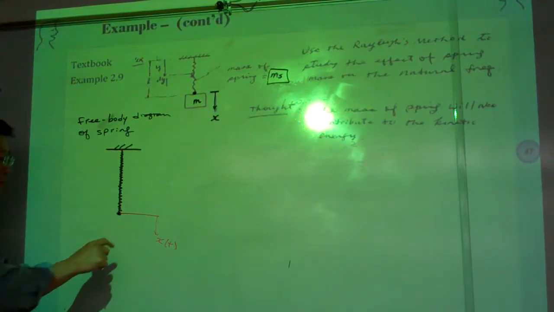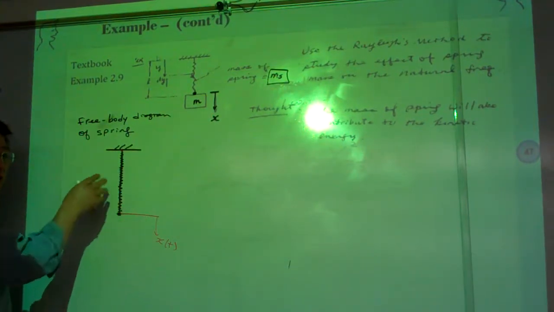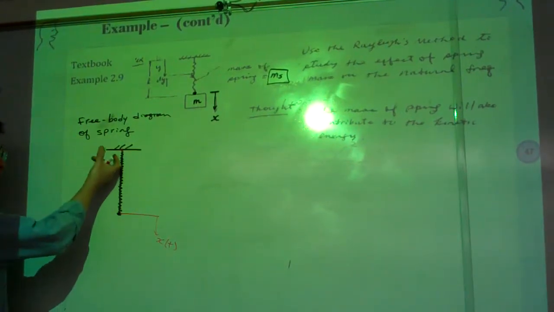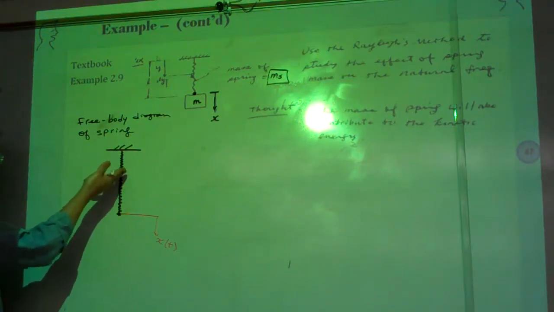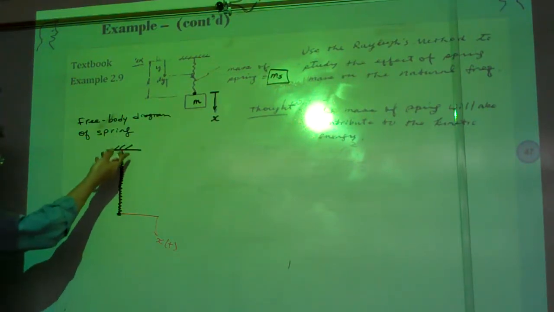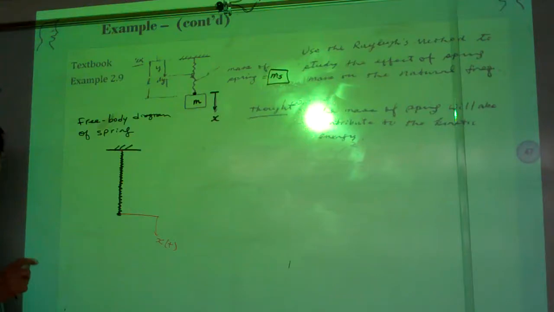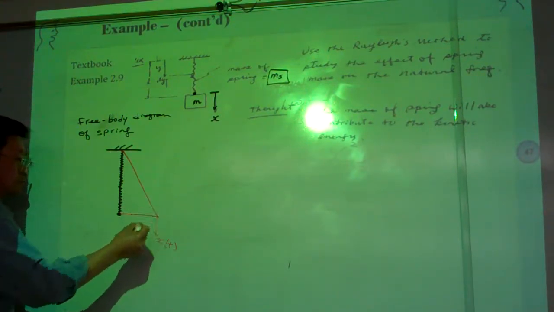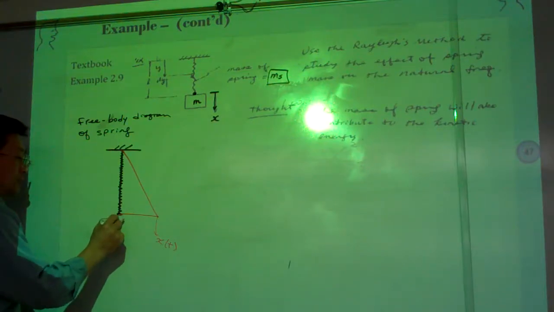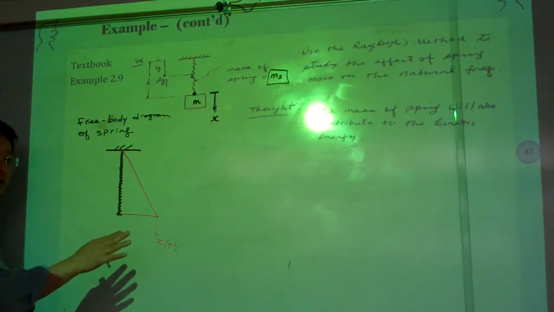Okay, so now let me draw. Once the spring is stretched, you can imagine the mass points on the spring are evenly redistributed according to the degree of freedom we are given.